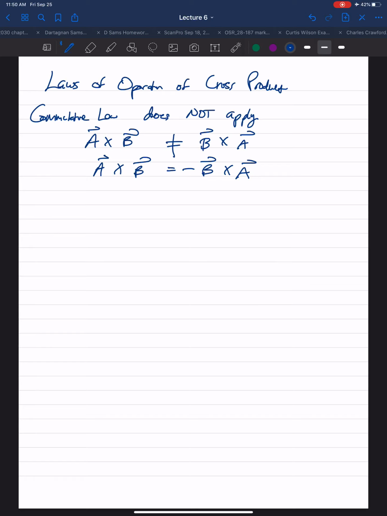Another law we'll call the associative law. If the cross product is multiplied by a scalar, then the associative law does apply.